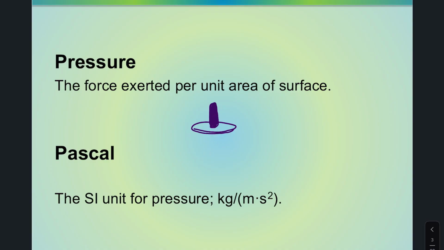The object has some sort of mass that is going to be in kilograms. We'll use kilograms because that's what it's measured in. And then the area that it makes contact with is going to be in square meters.